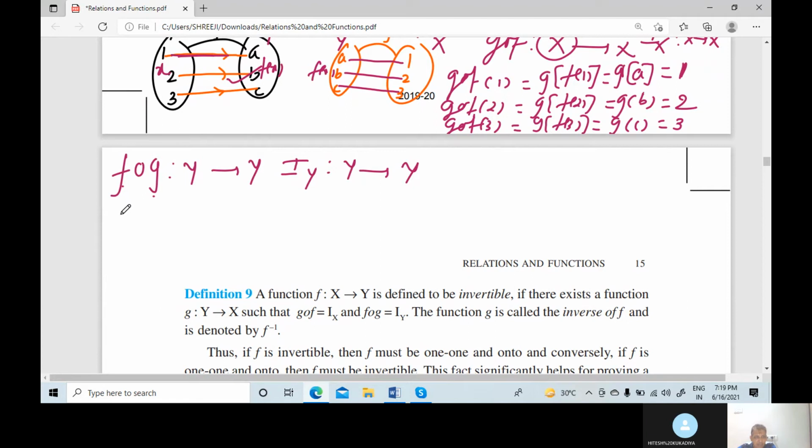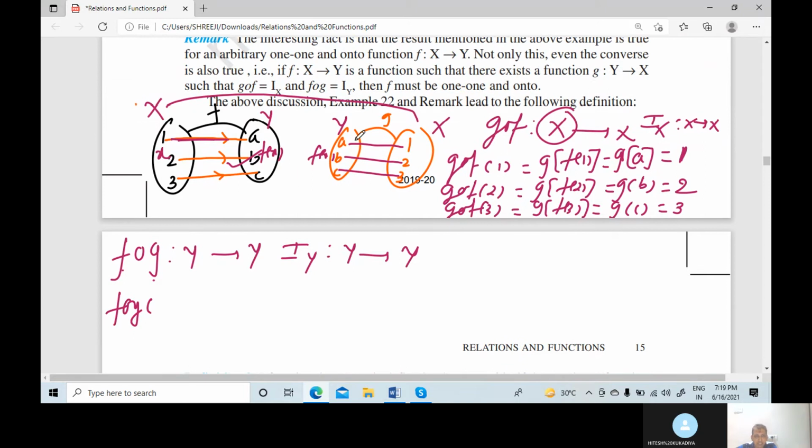Okay, clear, student? Now we calculate FOG on Y. What is the value of Y here? Y equal to ABC. Okay. First we calculate F of GA. F of GA answer is 1 and F1 answer is again A. Alright, student?